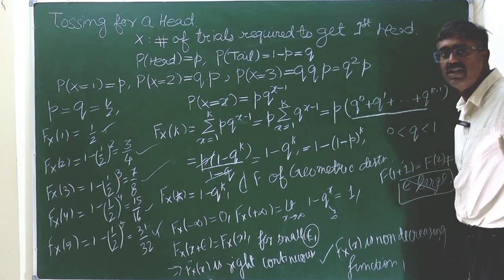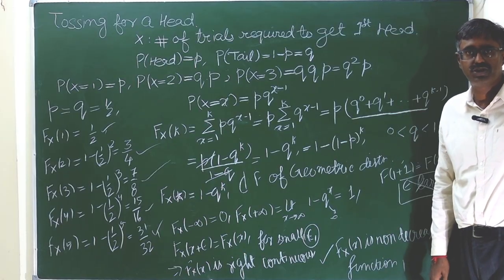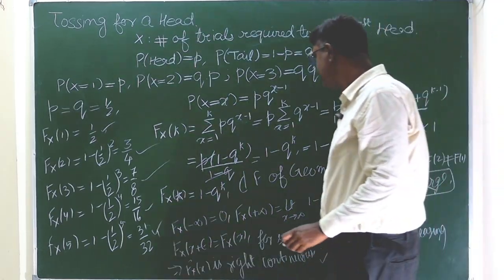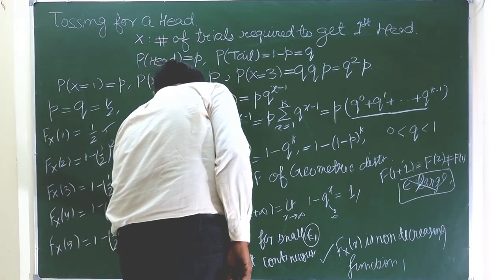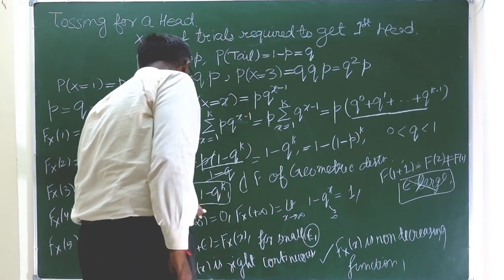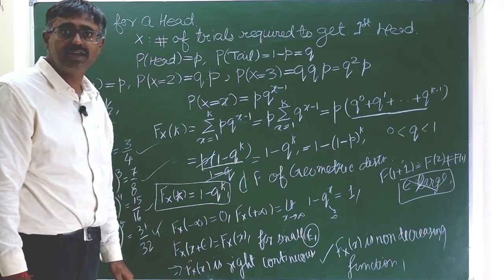So this way we have established that the distribution function F(x), which is defined as F(x) = 1 - 2^(-k), is a distribution function.